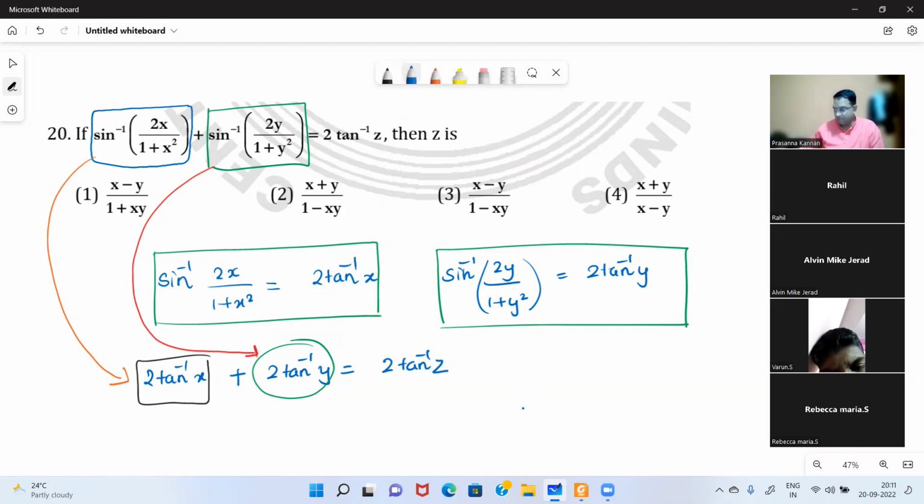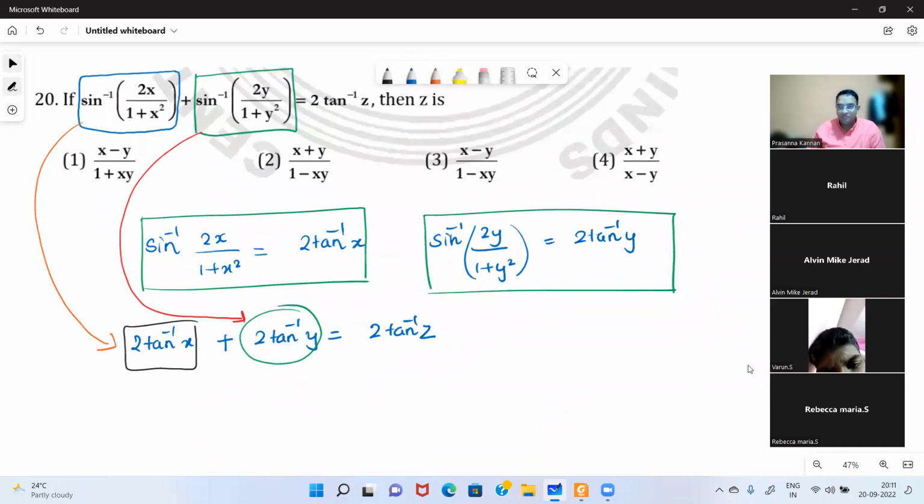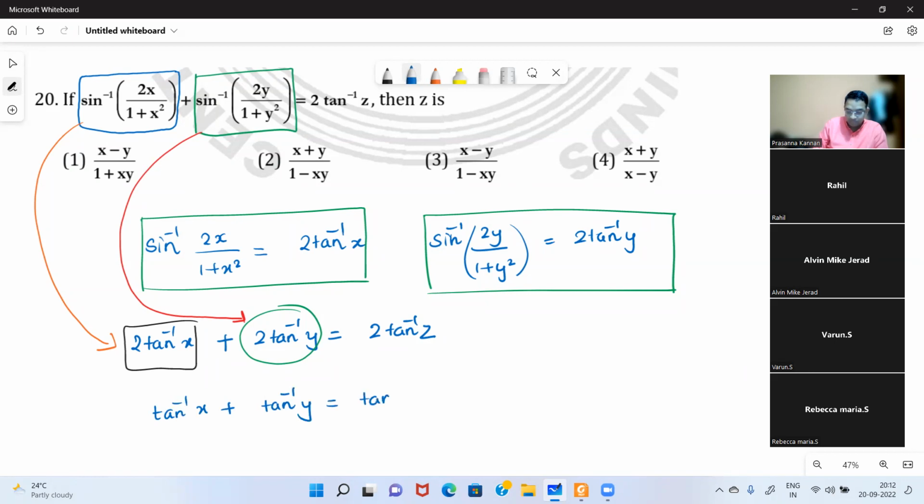Okay. Now let us cancel the 2 everywhere. So what will be there? Tan inverse x plus tan inverse y is equal to tan inverse z. Correct? 2 is removed. Understood?